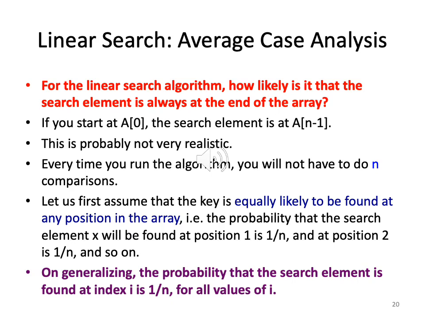We assume the key is equally likely to be found at any position, so there is equal probability of getting it at A0 or A1 or A2 all the way till A9. The probability that the search element X will be found at position 1 is 1 by n. The probability that it will be found at position 2 is also 1 by n, and so on.